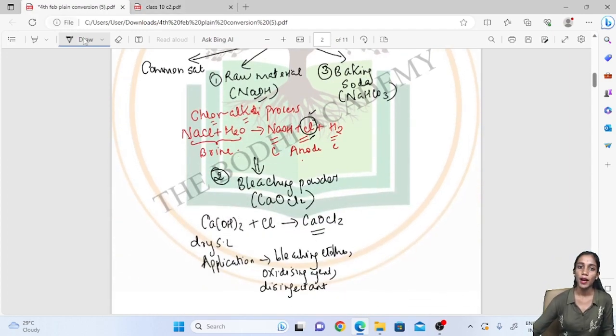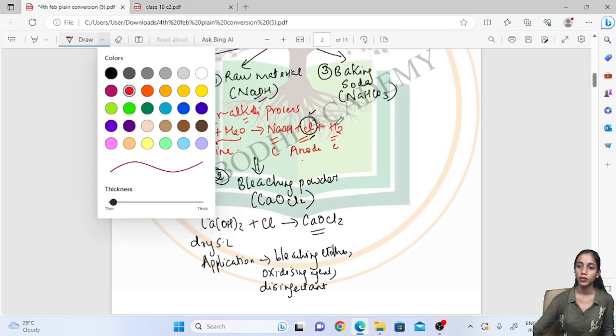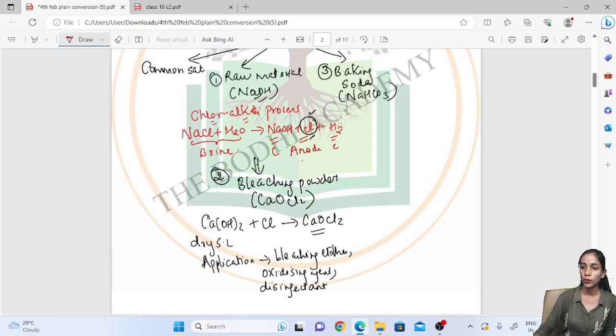This is produced by the reaction which includes NaCl plus carbon dioxide plus ammonia plus water, which leads to the formation of sodium hydrogen carbonate plus ammonium chloride. So sodium hydrogen carbonate is formed, which is baking soda.